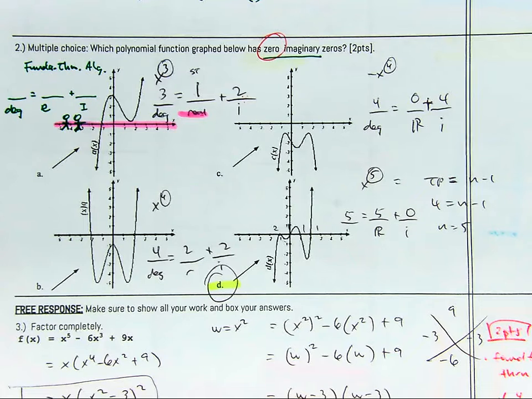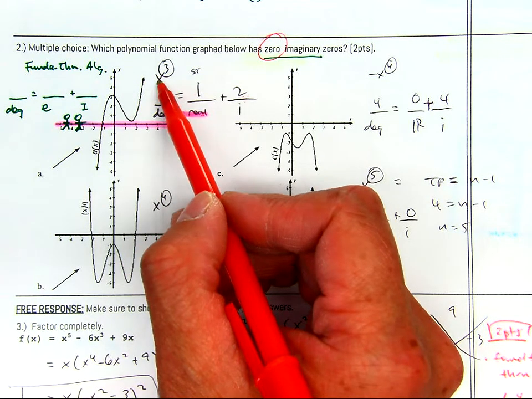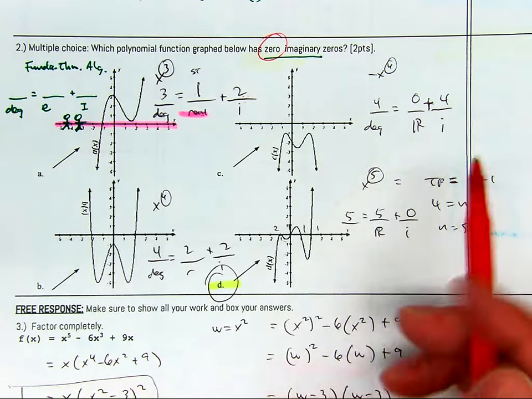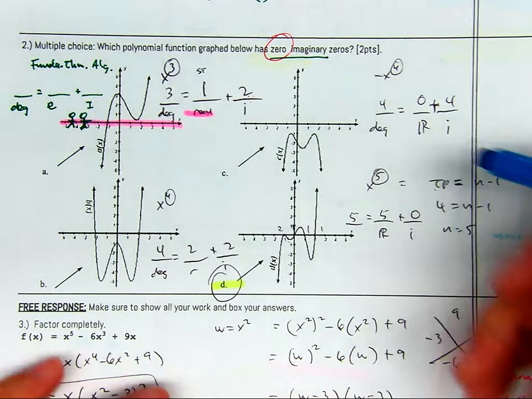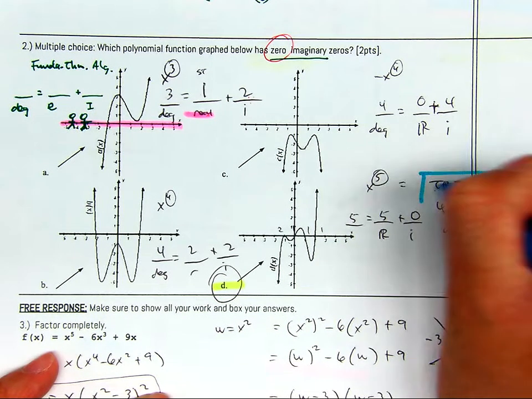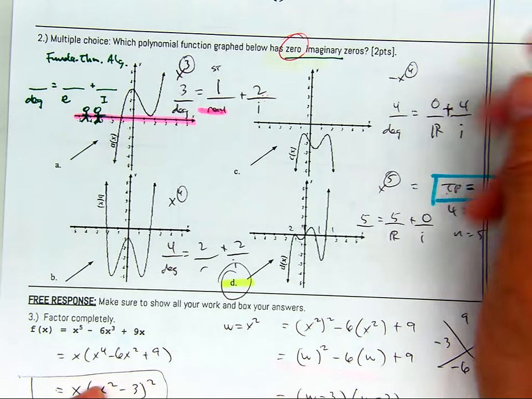Let me show you guys another way of figuring this out. Let's say you didn't know the type of degree. Well, we learned something called turning points. Turning points has a formula. Turning points is equal to n minus 1. You guys came up with that formula looking at a bunch of graphs, right? What is a turning point?